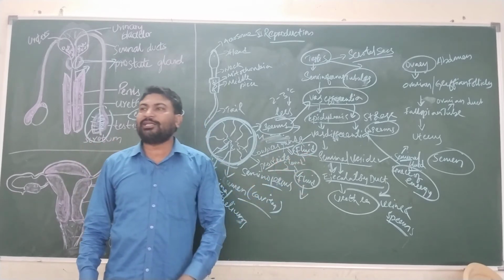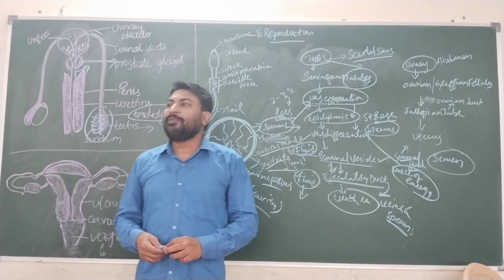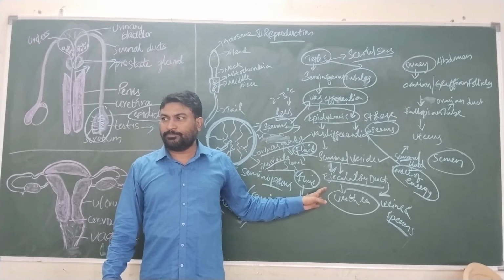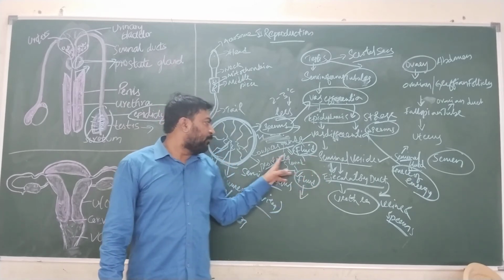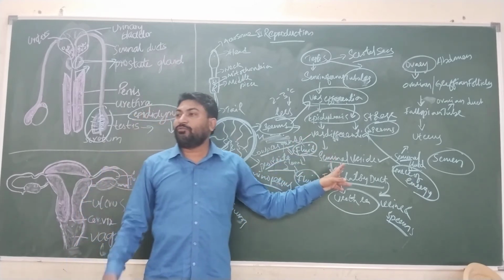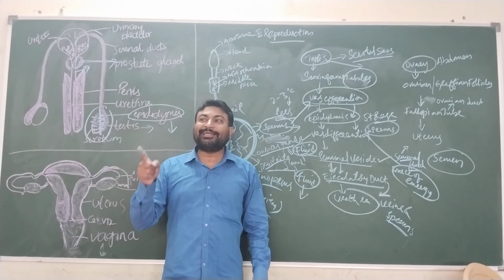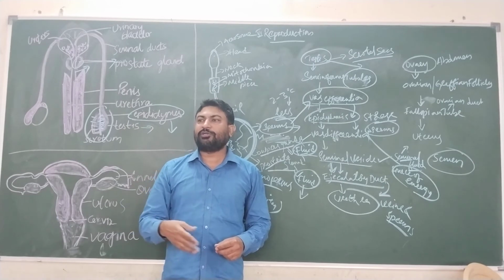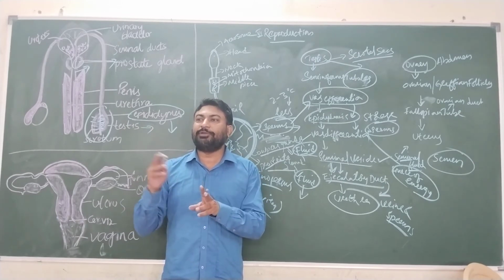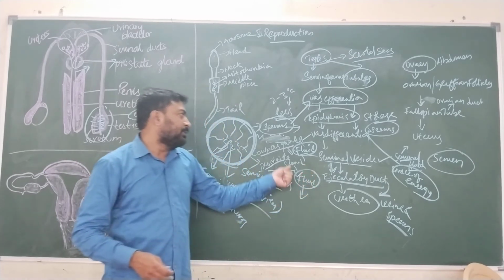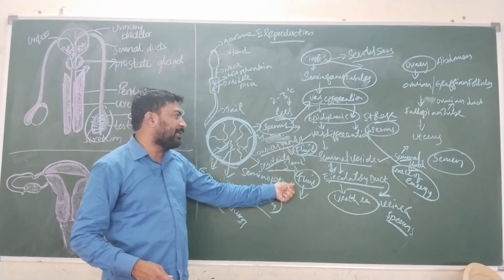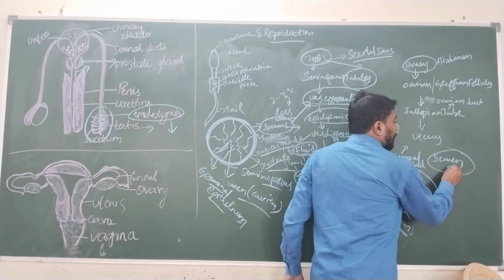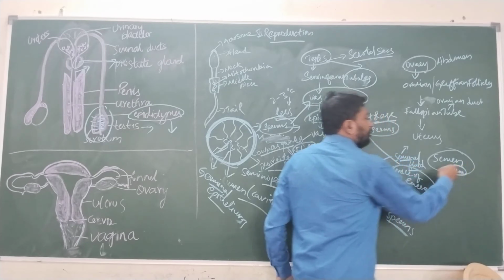The prostate gland also releases a fluid which neutralizes the acidic nature of the urethra, or the entire wall of the reproductive system, which is acidic in nature. The fluids released by the Cowper's gland, prostate gland and seminal vesicle, along with the sperms, are known as semen.